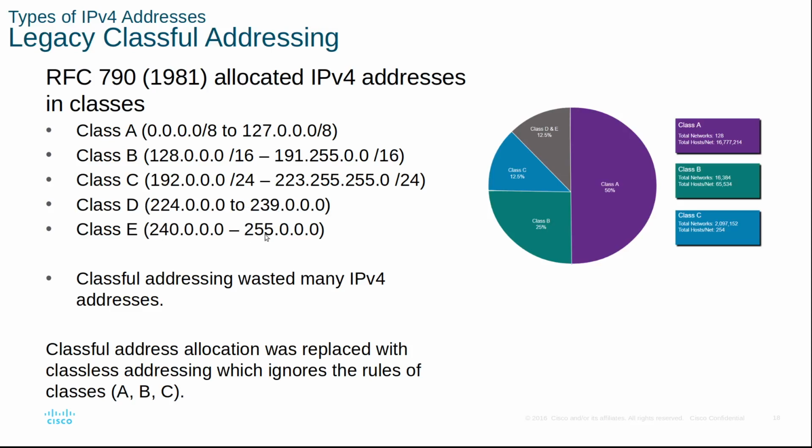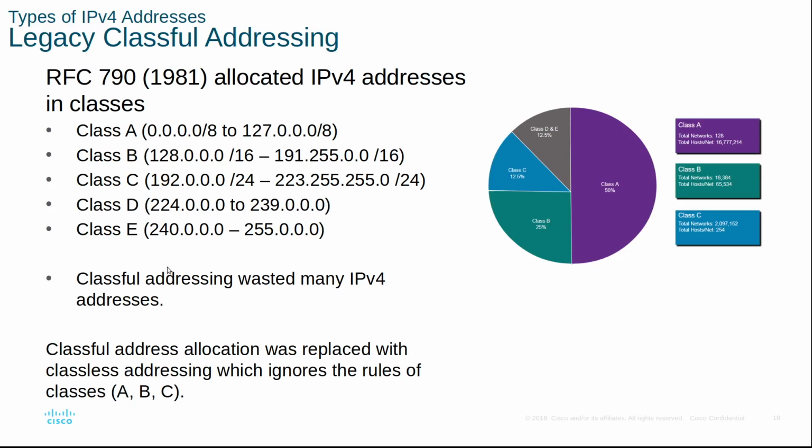It was very, very wasteful. And that's why we don't do this anymore. We use classless addressing that completely ignores the rules of the classes. Class D and E were reserved for special purposes like multicasting. Anything that's a multicast packet is going to have something in Class D or multicast protocol.